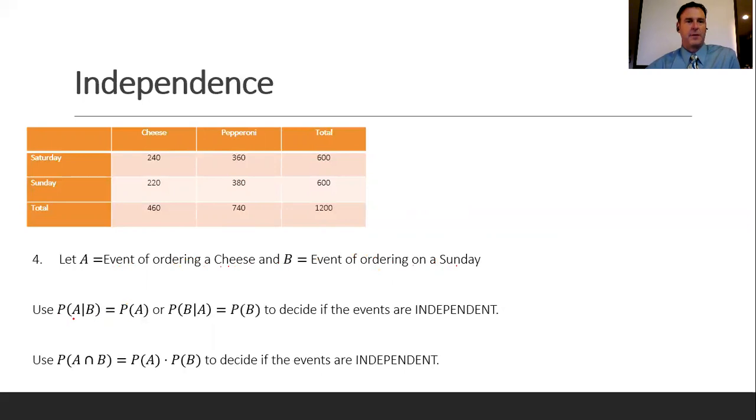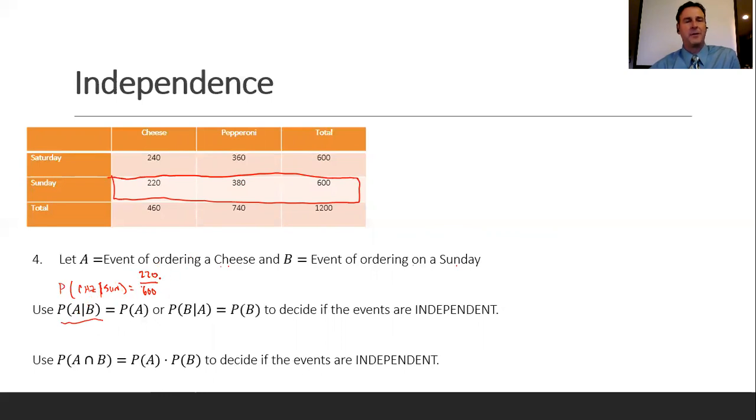Here's how we'll do it. P of A given B. So the probability of A, which is getting a cheese, given that you ordered on a Sunday. I'm just using this piece right now. If you look at the Sundays, there's 600. If you look at the A, which is part of that 600, we got 220.